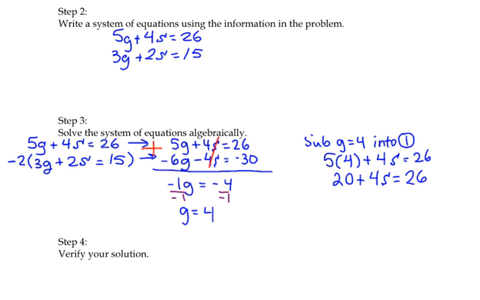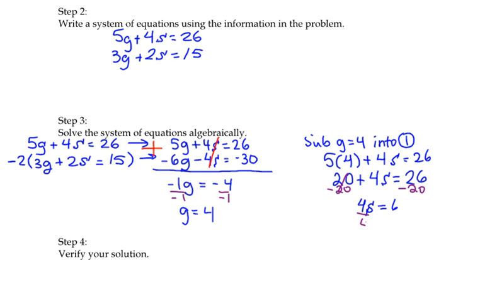Our goal is to get s by itself. So who do you have to move first? The 20. It's a positive 20. Subtract it. We're left with 4s equals 6. And then divide by 4.